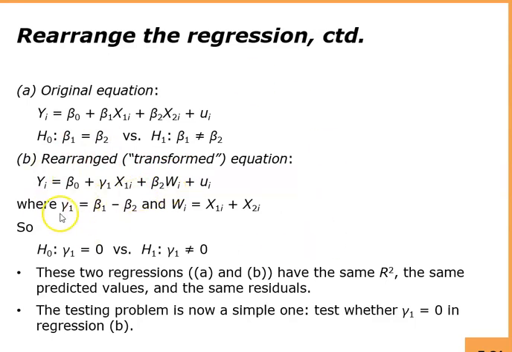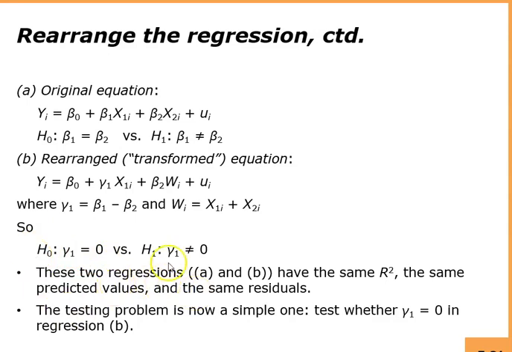And when that is the case, our hypothesis testing becomes very easy, because we are back to testing the null hypothesis for one single coefficient, which in this case is gamma 1. So we can simply test the null hypothesis that gamma 1 is equal to 0 versus the alternative hypothesis that gamma 1 is not equal to 0. When we say gamma 1 is equal to 0, we are essentially saying that beta 1 minus beta 2 is equal to 0, which means that beta 1 is equal to beta 2 becomes our null hypothesis.